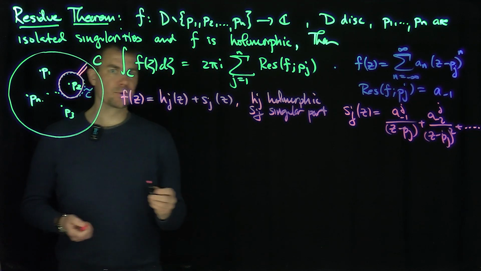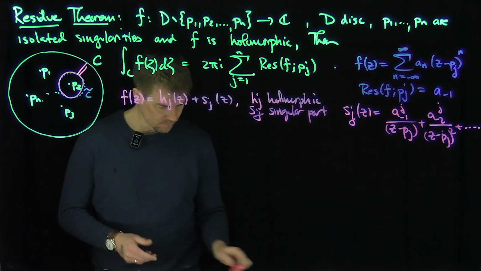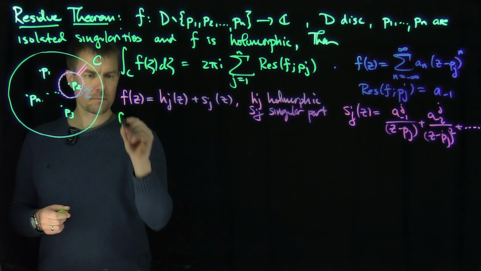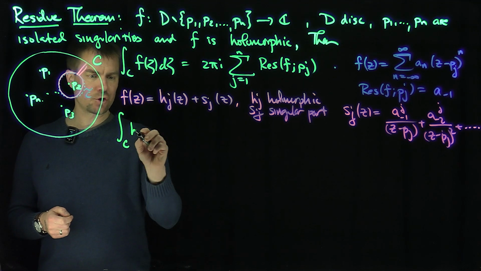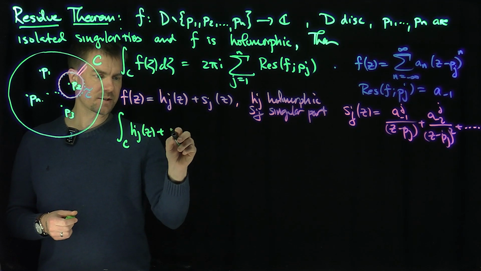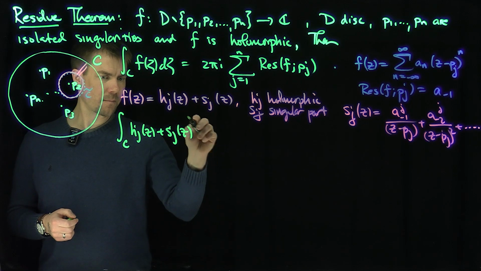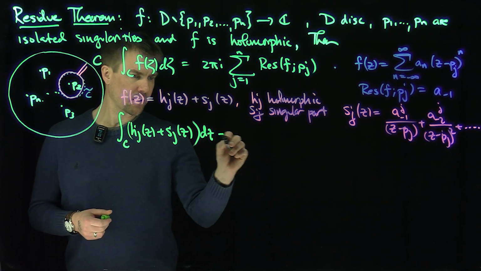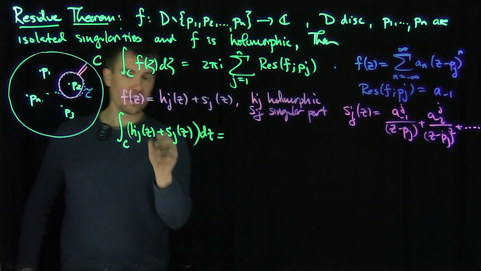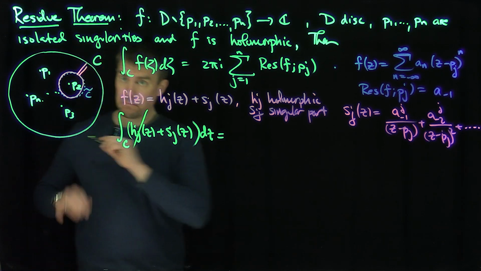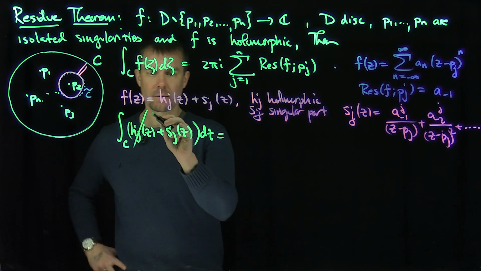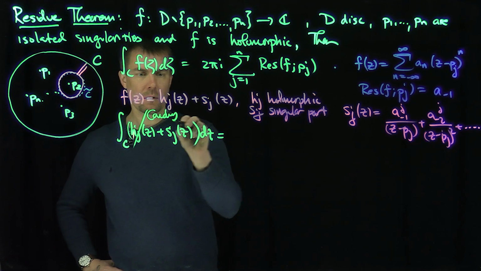And so let's examine what happens here. The integral over C of hj of z plus sj of z dz is going to be what? The hj is holomorphic, so it integrates to 0, just by Cauchy. Okay.